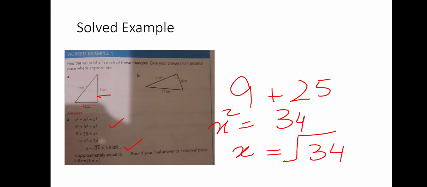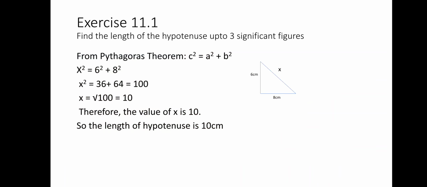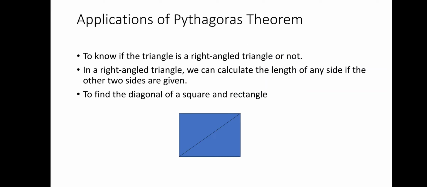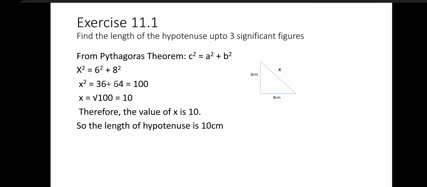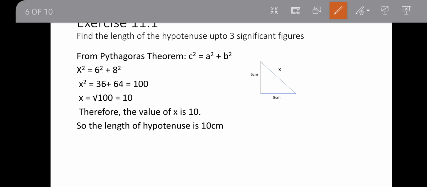Okay, so let's move on to the next question from exercise 11.1. It says find the length of the hypotenuse up to 3 significant figures. There is a triangle that we have, with a side equal to 8 centimeters, the other one is 6 centimeters, and the unknown hypotenuse, which is represented as x.